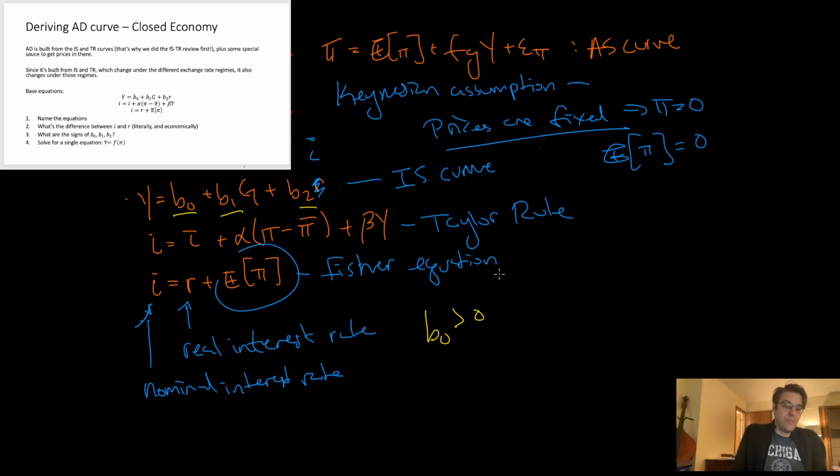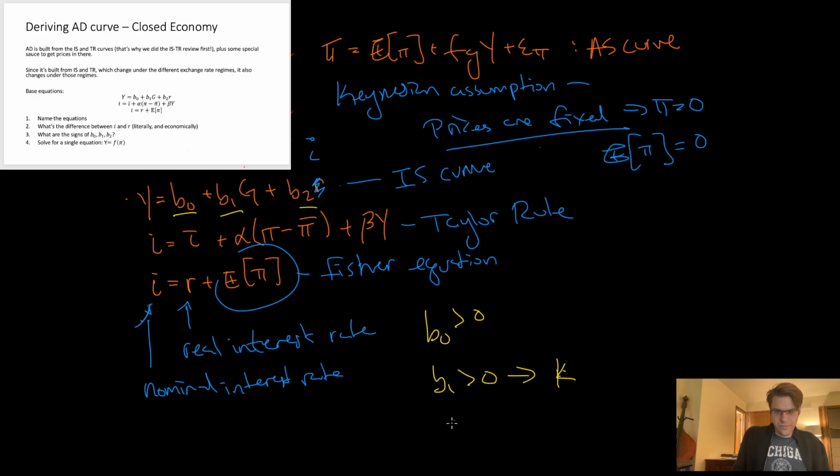The base level of investment is probably going to be bigger than 0 because it doesn't make sense that the natural state of the environment is to be in debt. So taking all that together, B0 is greater than 0. I guess you can imagine it's less than 0 if the TR0 is negative, if there's a negative trade balance. Don't think about it too much, but let's just assume it's positive. B1, we know for sure is greater than 0 because we know that B1 is K, and we know that K is bigger than 0.